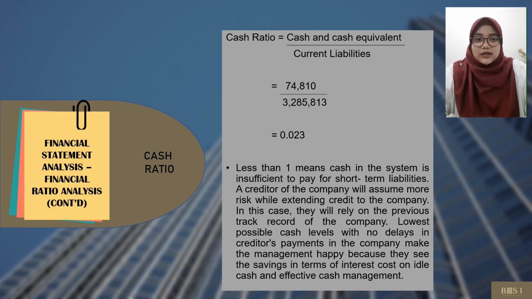The creditors of the company will assume more risk while extending the credit terms. In this case, they will rely on the previous track record of the company. Lowest possible cash levels with no delays in creditors' payment will make the management happy, as they see the savings in terms of interest costs on idle cash and effective cash management.